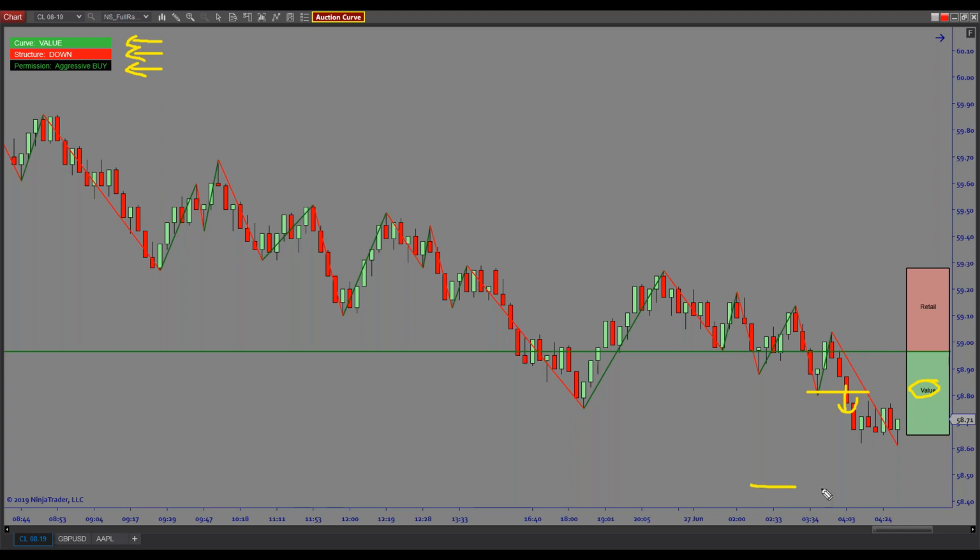You should be wanting to buy, though. That's the real secret here. You want to buy things as they go lower. You want to sell things as they go higher. People don't really accept that initially because a lot of times they don't know when the market's going to stop. That's the secret. If the market's going down and you decide to buy it and the market goes like that, you're happy.